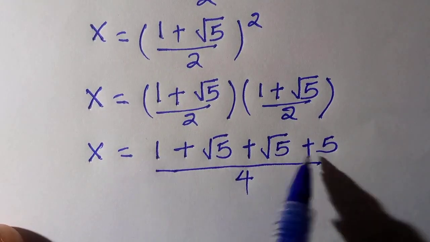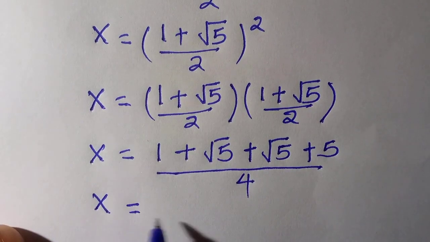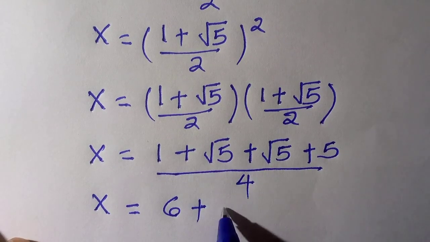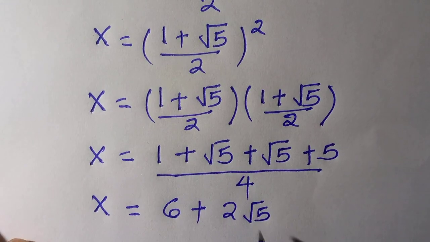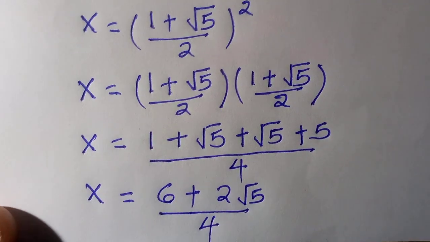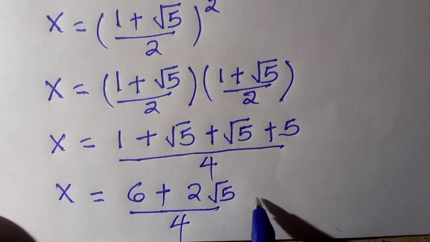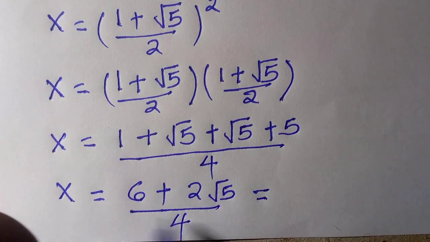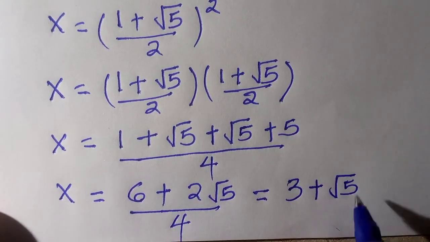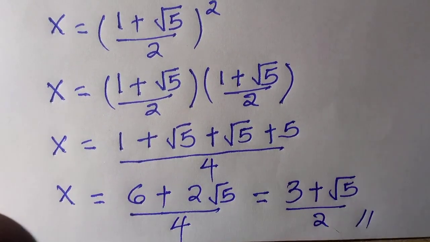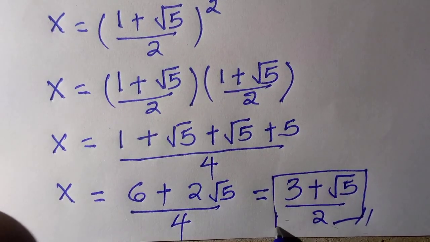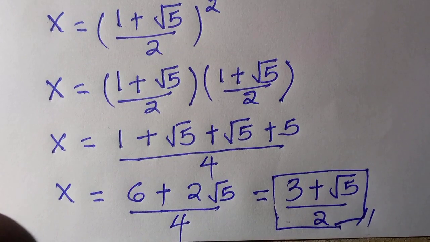Next, 1 plus 5 is giving us 6 plus root 5 plus root 5, we have it as 2 root 5, and everything divided by 4. But we can factor out 2 here. When we factor out, what we are going to have at the numerator is 3 plus root 5, everything divided by 2. And this is another solution to x that satisfies this.